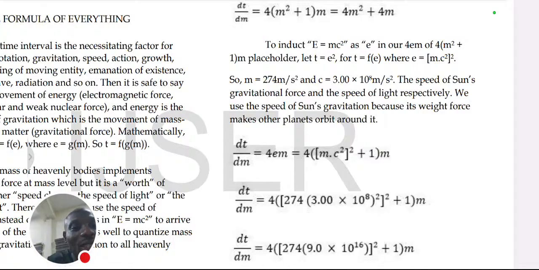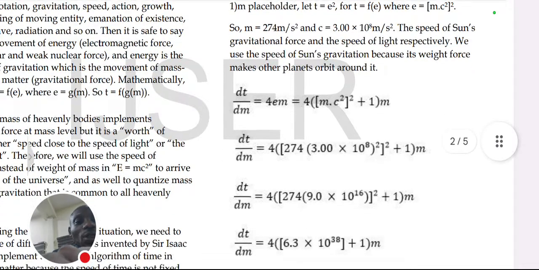Yes, I use the speed of the sun's because the gravitational force of the sun makes all the heavenly bodies orbit or revolve around the sun, and that is why we need to use that. So we use the speed of the sun's gravitation because its weight force makes other planets orbit around it, you understand.